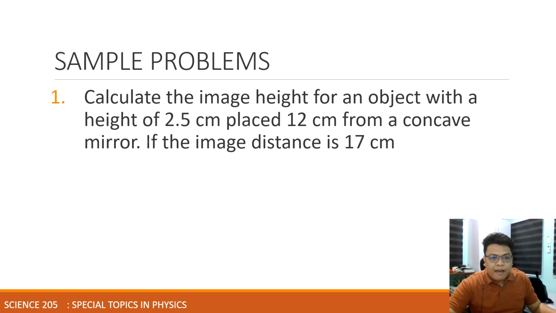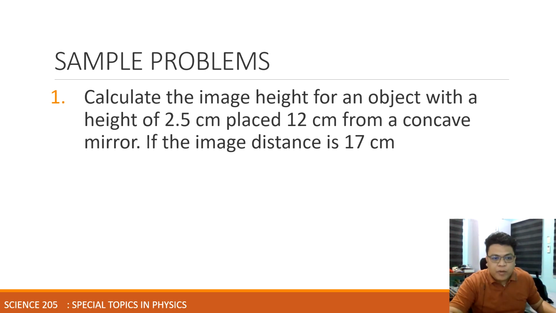So here we have the last word problem. Calculate the image height for an object with a height of 2.5 centimeters, placed 12 centimeters from a concave mirror if the image distance is 17 centimeters. So as you can observe, our problem is very different to the last three word problems that we've solved.